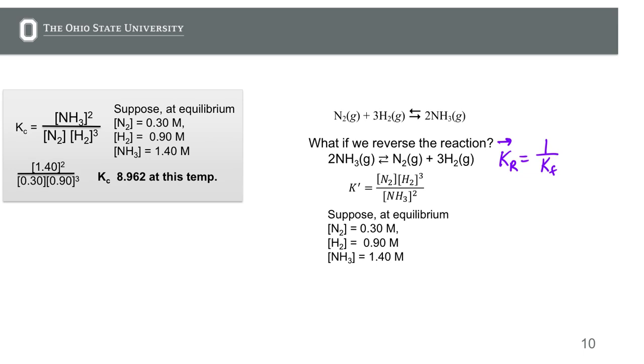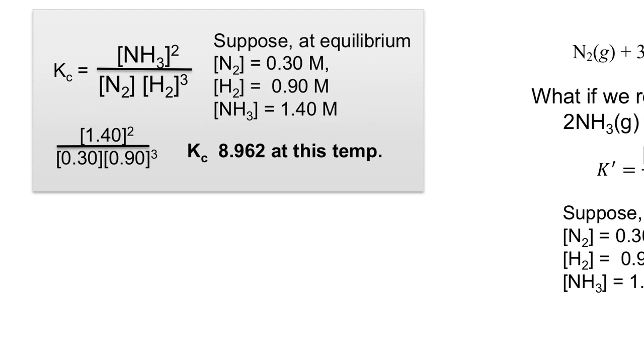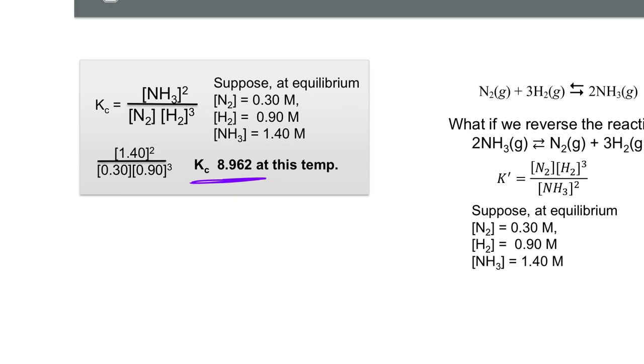And so if you know an equilibrium constant for a given reaction, so we calculated our K value for the formation of ammonia, and we want to find the equilibrium constant for the decomposition of ammonia, so we want to find it for this equation, we can do 1 over K forward.